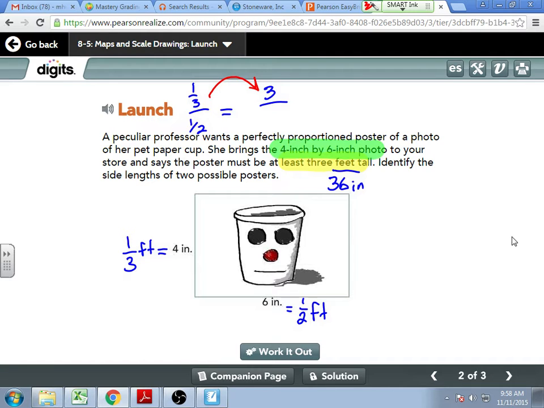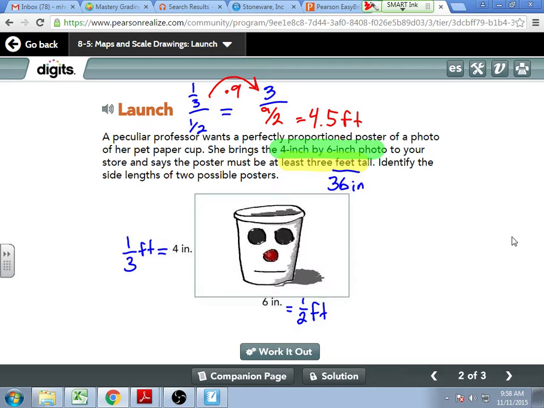So think about if you have 3 pizzas, and they're each sliced into thirds, how many thirds are there in 3? More than that. 3 thirds gives you 1. Peyton? 9. So if you multiply by 9 on top and bottom, you multiply by 9 here, so we get 9 over 2, which is about 4.5.